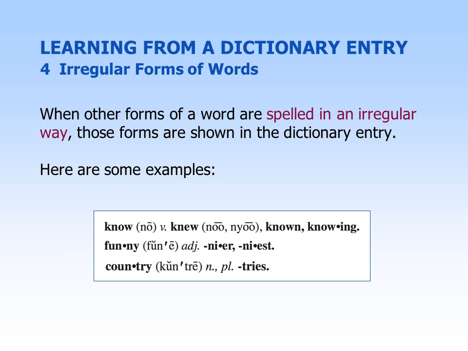So F-U-N goes into F-U-N-N-I-E-R, F-U-N-N-I-E-S-T for comparative and superlative. The last example is a singular noun that when you make it a plural noun, you're not just adding S, you're changing the spelling. So country, C-O-U-N-T-R-Y, you get rid of the Y and add I-E-S to make it plural.